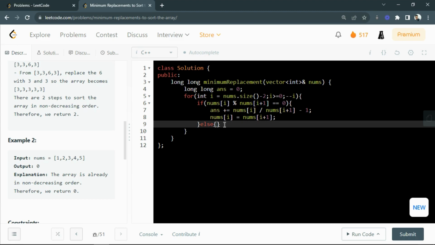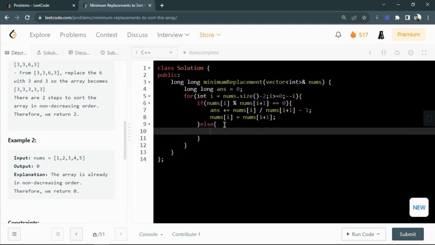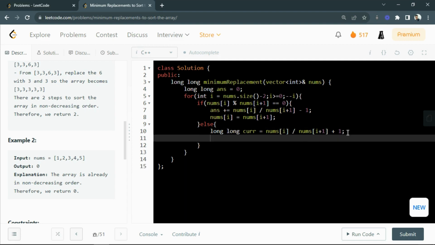And if it was not the case, then what we'll do, we will first calculate the current. That means how many parts it is breaking into currently, and this will be nothing but nums at I divided by nums at I plus 1, plus 1, because 8 divided by 3 is 2, plus 1, like we see in the example. We'll make it long now. Now we need to increase our answer.